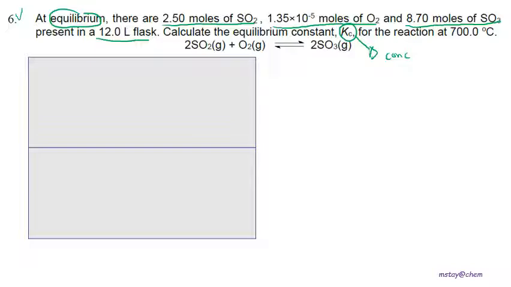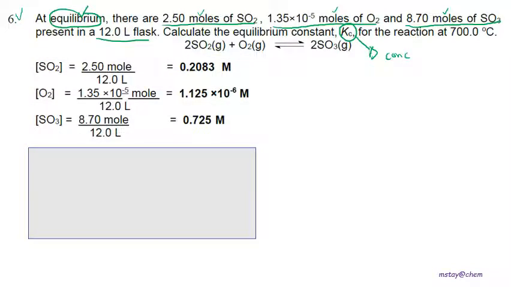In this question, they already give us the number of mole at equilibrium. Next, concentration means number of mole over volume. Here, they give us everything in the unit of number of mole. So before we can get the value for the Kc, we need to calculate the concentration for each of the reactants and product by using the formula number of mole divided by the volume.